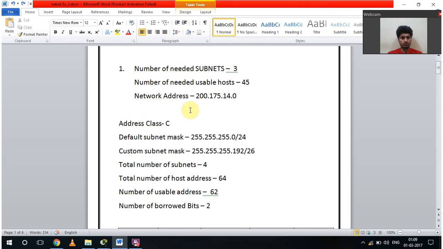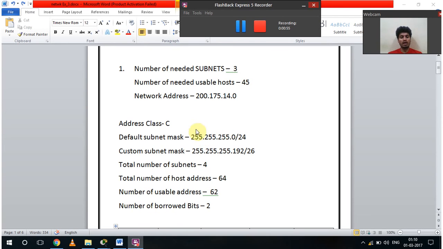200.175.14.0. As it starts with 200, we can say that the address class is C, and if it is C, then the network address bits are 255, 255, 255, and the host address is 0.